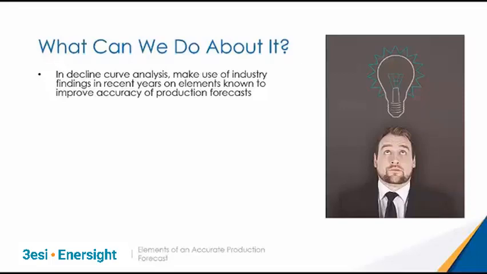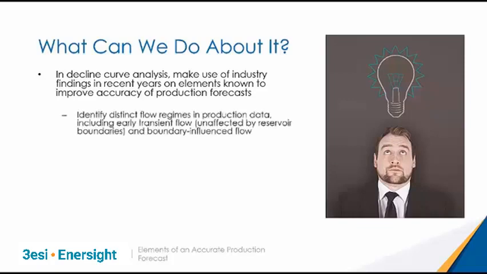I want to look with you at some of the findings that I think provide the elements of accurate forecasting. Very importantly, it's important to identify distinct flow regimes in production data.